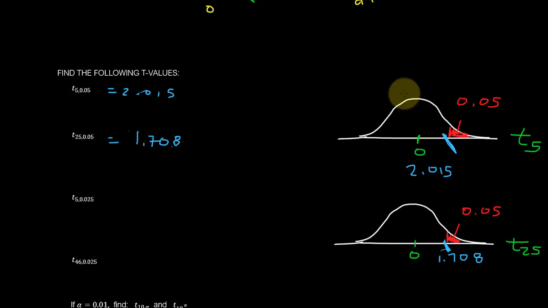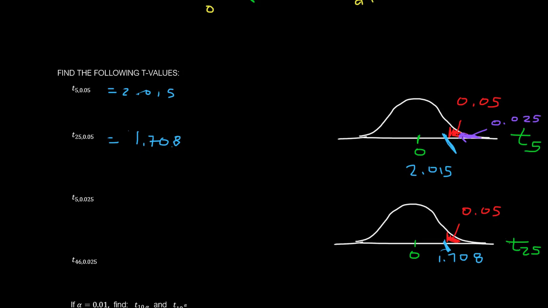Okay, let's look up at the top image here, because that still is the curve with 5 degrees of freedom. And I'm highlighting a smaller area here in purple. I'm trying to illustrate 0.025. And we want to find this time the tick mark associated with that area in the upper right tail.